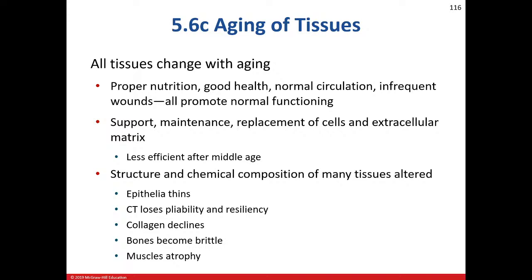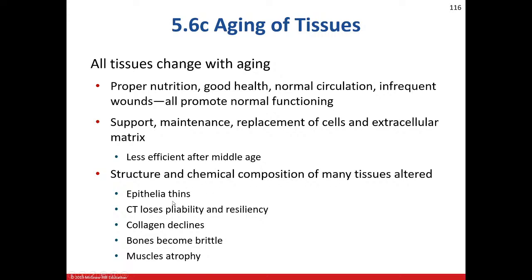All right, so aging of tissues. All tissues change with aging, but with proper nutrition, good health, normal circulation, and infrequent wounds, we can promote normal functioning long into old age. Support, maintenance, and replacement of cells and extracellular matrix is less efficient after middle age. And then the structure and chemical composition of many tissues will be altered.